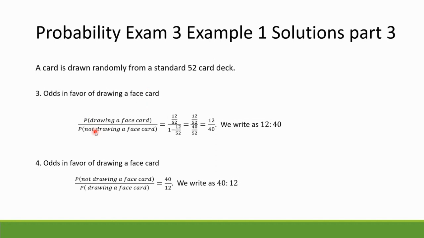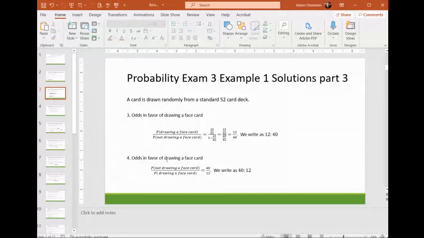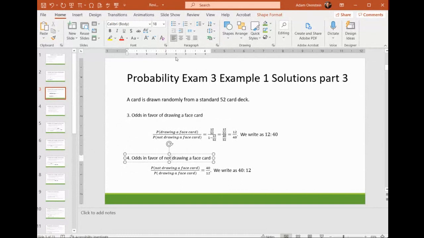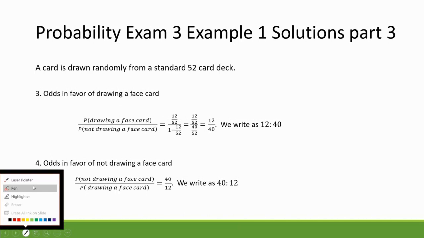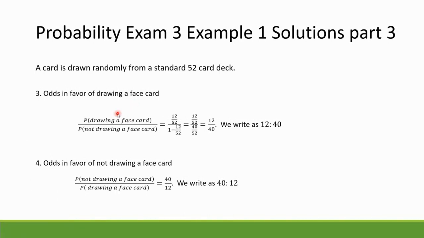So in this case, it's the probability of drawing a face card divided by the probability of not drawing a face card. And we actually got that already, right? It's 12 out of 52. This is actually how we got the probability of not drawing a face card, which is 1 minus.